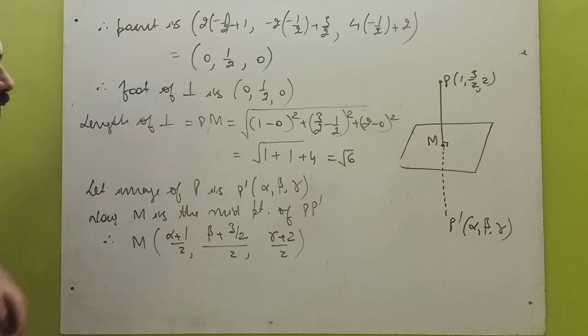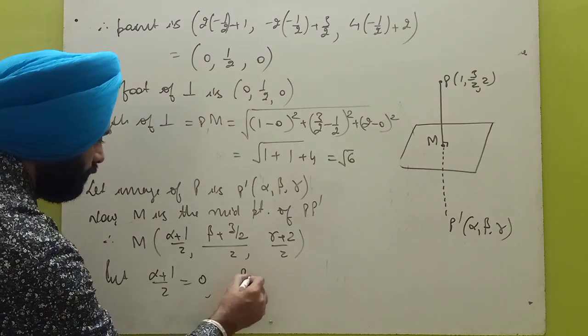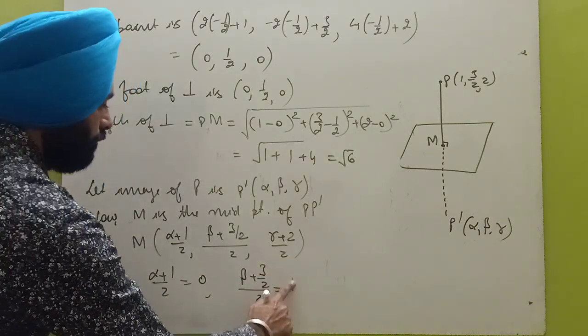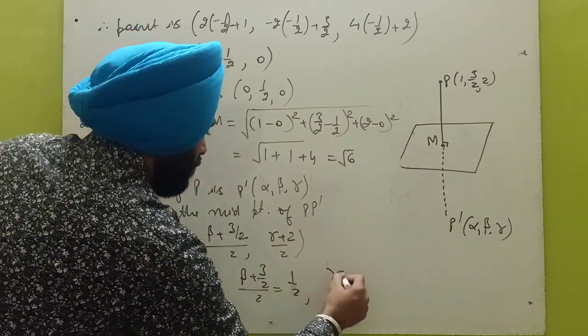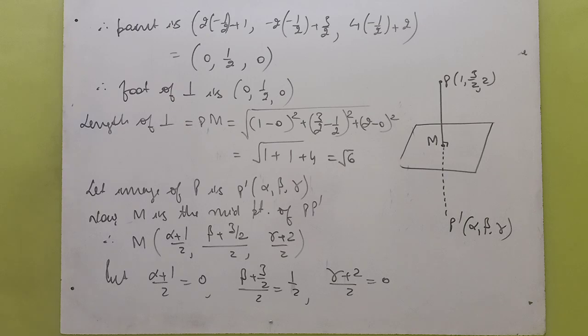So compare these two. Put first: (alpha plus 1)/2 is equal to 0. (Beta plus 3/2)/2 is equal to 1 by 2. (Gamma plus 2)/2 is equal to 0.